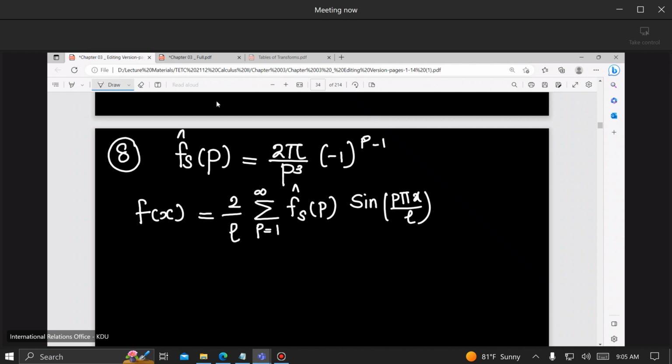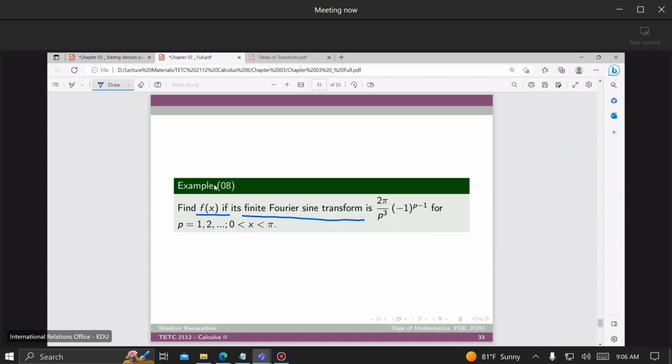So let's go back to this problem. The finite Fourier sine transform is provided in this way, and the value of p starts from 1 up to infinity, and x varies from 0 to 5.